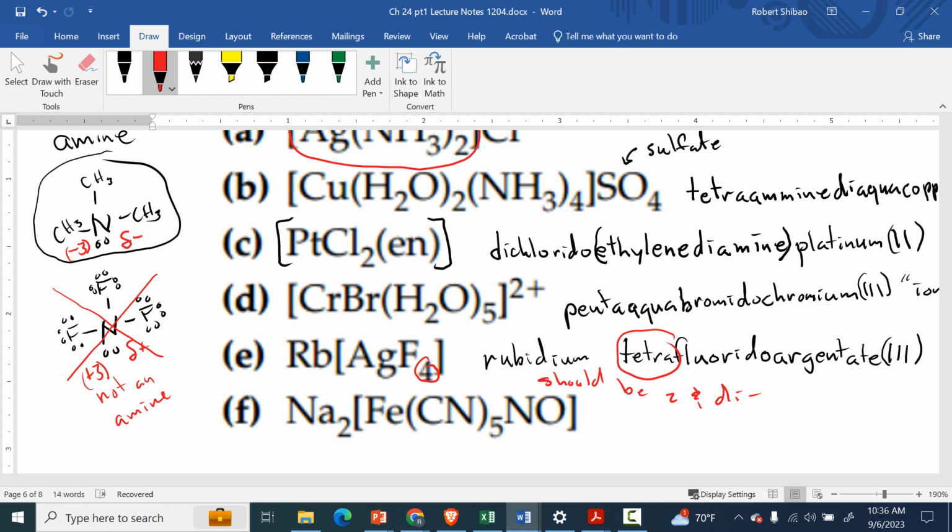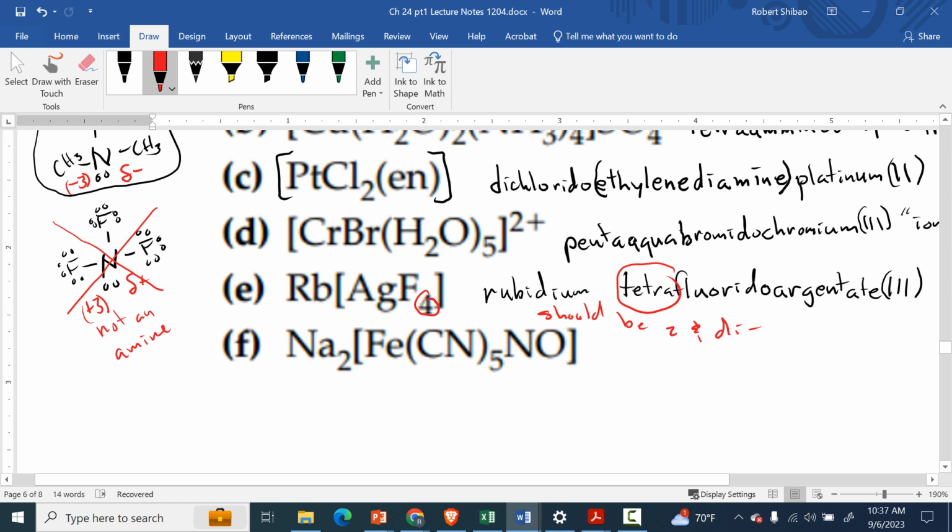So there are other errors in this book, and that's always a tricky thing to deal with, because if there's an error in the book, it screws things up. But based on what we know about the coordination number and charge on silver, I'm confident that this is a typo and not some unusual species.